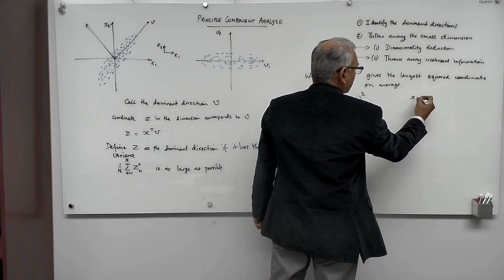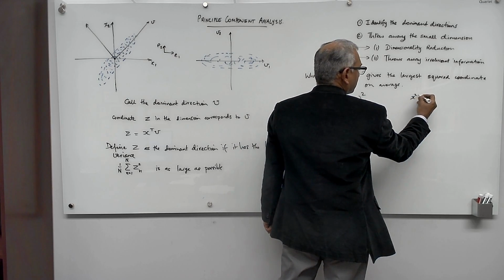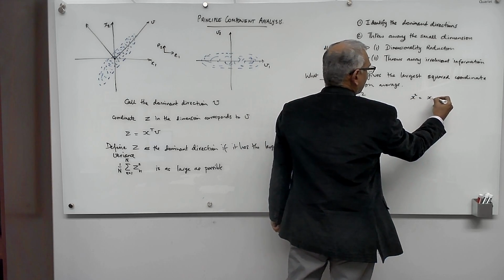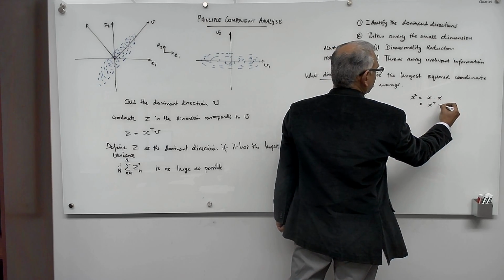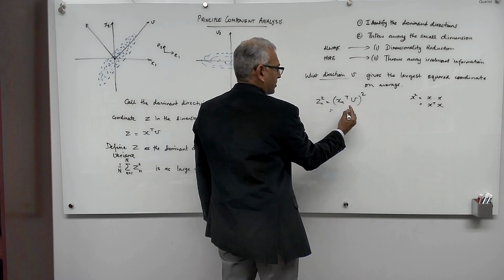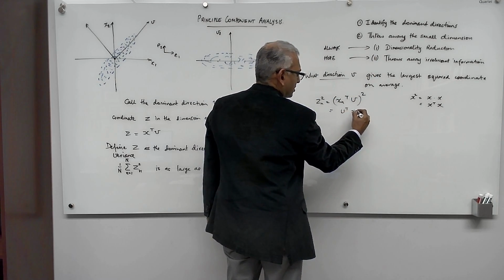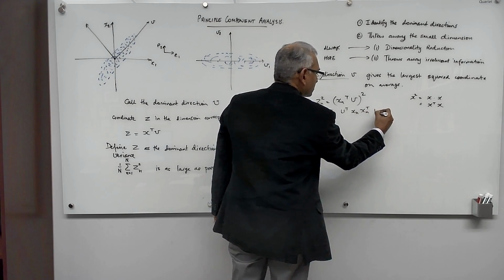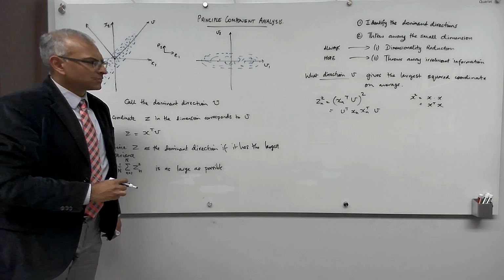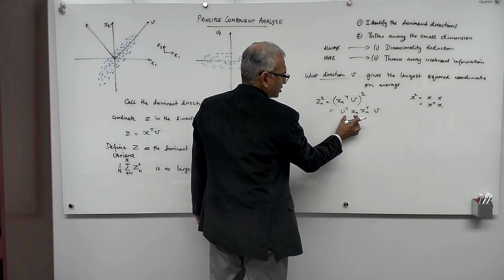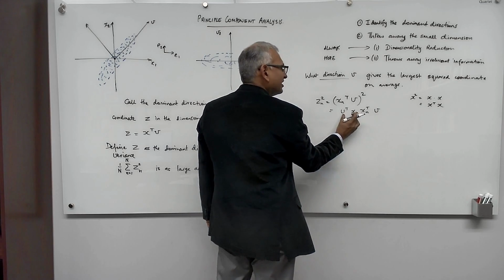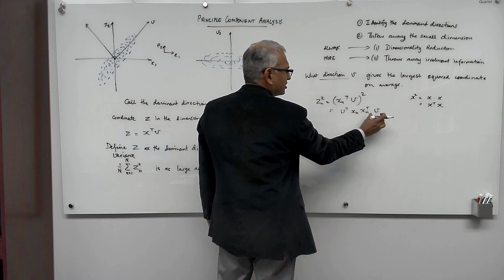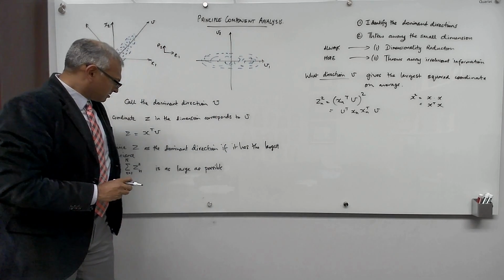So this number squared can be written as v transpose xn xn transpose v. Here's the number transpose, here's the number. In this case, both of these are numbers, so this is Zn squared.